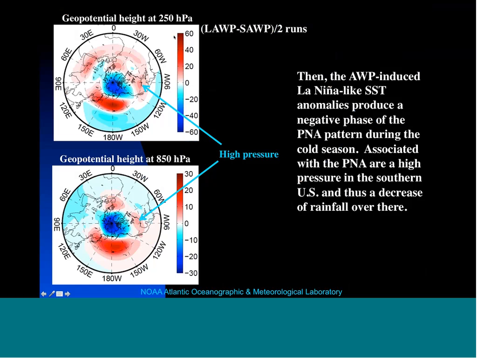The top panel shows the geopotential height at 200 millibar, and the lower panel shows the geopotential height at 850 millibar, which shows there's a high pressure over North Pacific, low pressure over Canada, and high pressure over Southern U.S. And this high pressure over Southern U.S. will reduce the rainfall over there during wintertime, during the cold season.